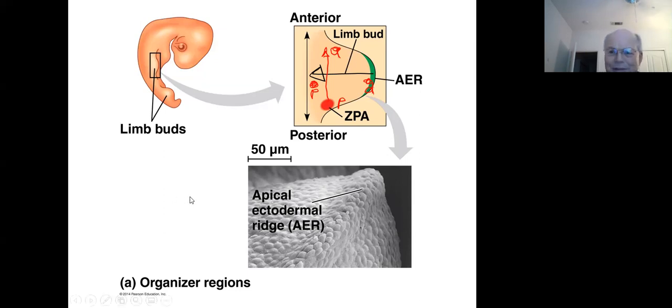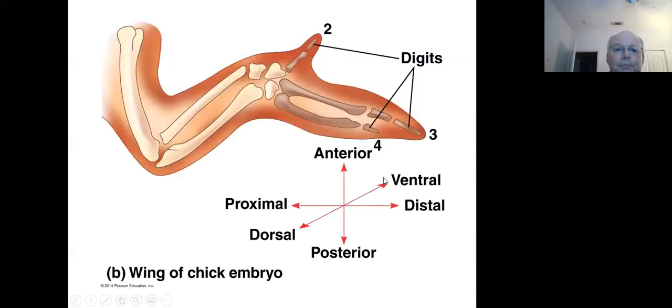But how to establish that that was in fact the case? Well, the way to establish that, and this is just explaining the axes as I showed you on the camera, so we'll move past this.